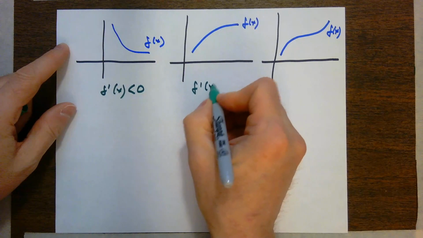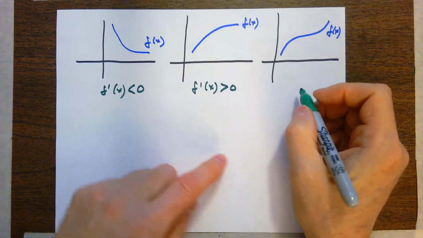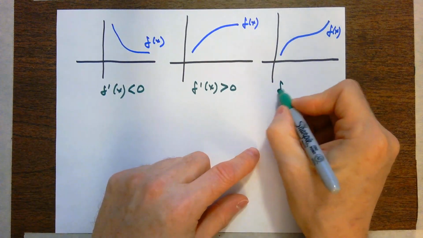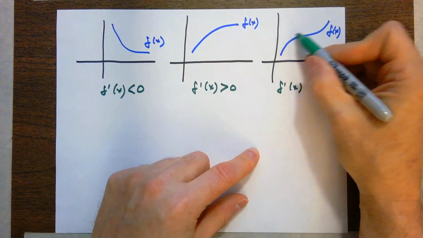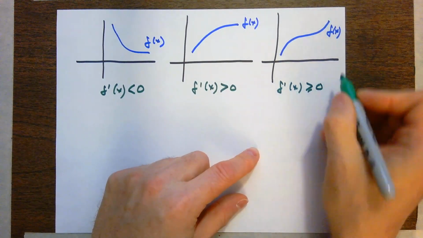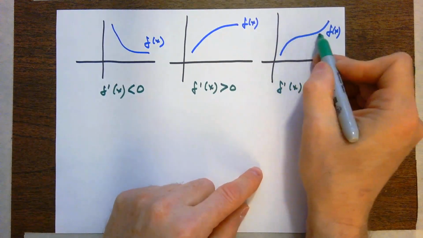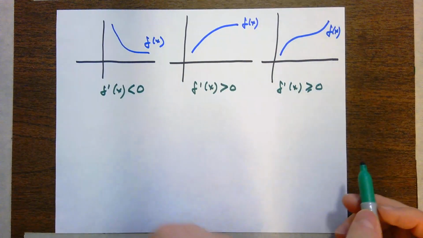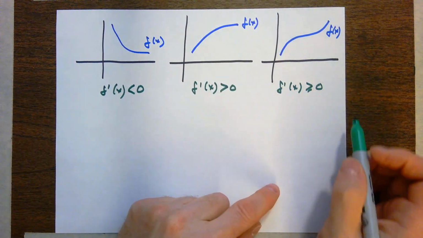Here, the first derivative, all of the tangent lines would be positively sloped. Here, the first derivative, let's see, positive, 0, positive, would all be greater than or equal to 0. They would all be positively sloped there. Maybe I've got a 0 tangent here, maybe not, I don't know. But certainly, I would not have any negatively sloped tangent lines there.